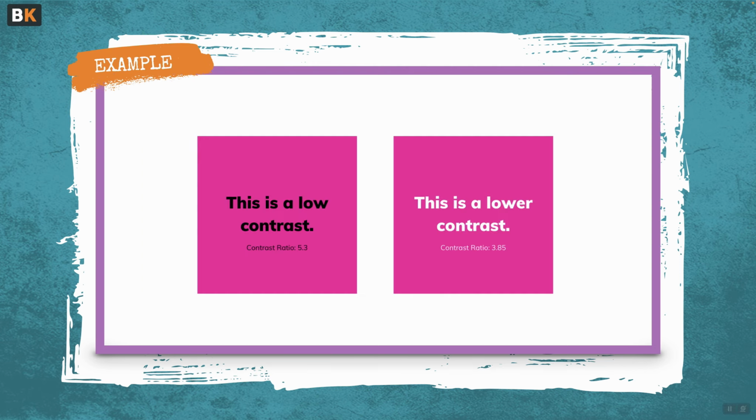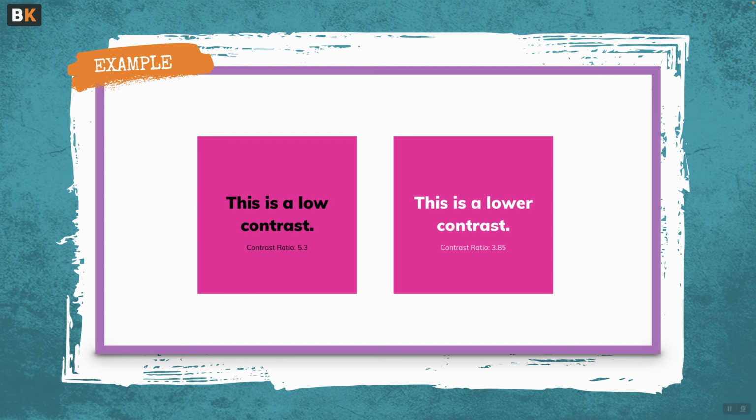Another example is on the left side, where we've got this hot pink color with black text. I can read it. It's kind of difficult for me because of the way the colors mesh together. And it's a low contrast, so the contrast ratio is 5.3. And then on the right, you've got the pink with white text, and I can read that better, but it has an even lower contrast ratio of 3.85.